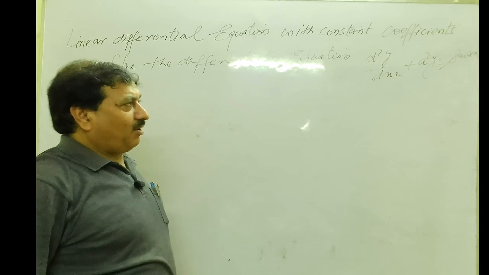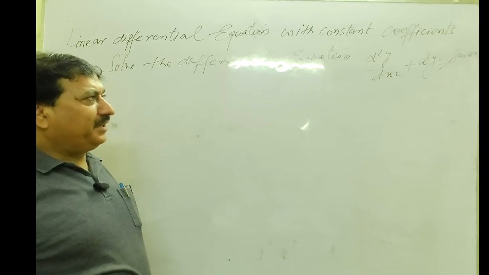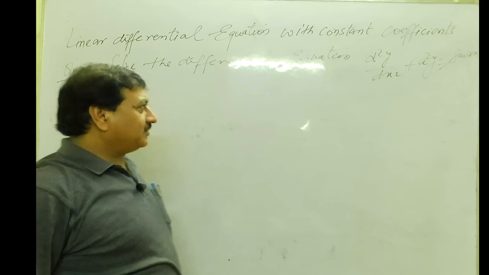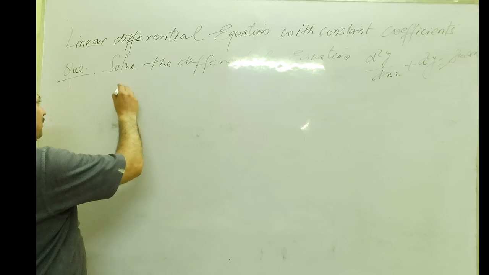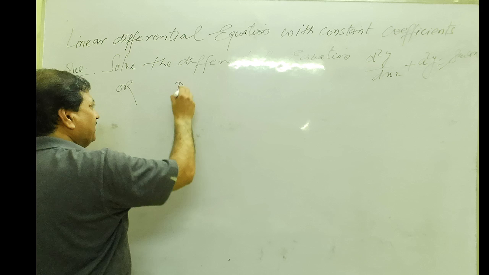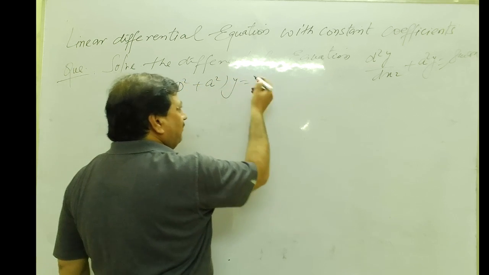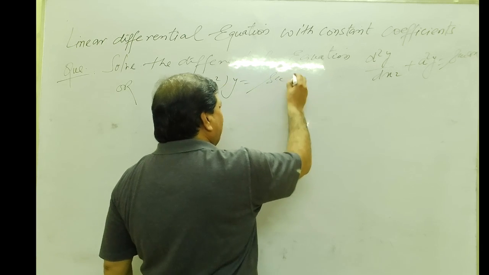This is the first problem and it's a very important problem. The given differential equation can be written as (D square plus a square) y equal to sec ax.